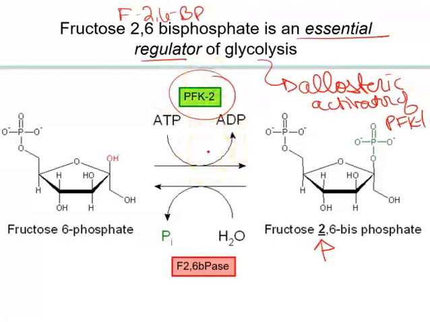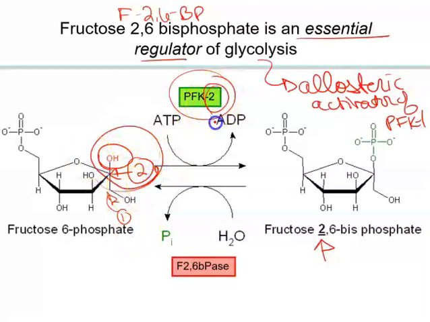And the phosphofructokinase 2 enzyme is going to add a phosphate to carbon 2 of fructose 6-phosphate, right? PFK1 adds a phosphate to carbon 1 of fructose 6-phosphate. So right now we're focused on PFK2, and we can make fructose 2,6-bisphosphate.